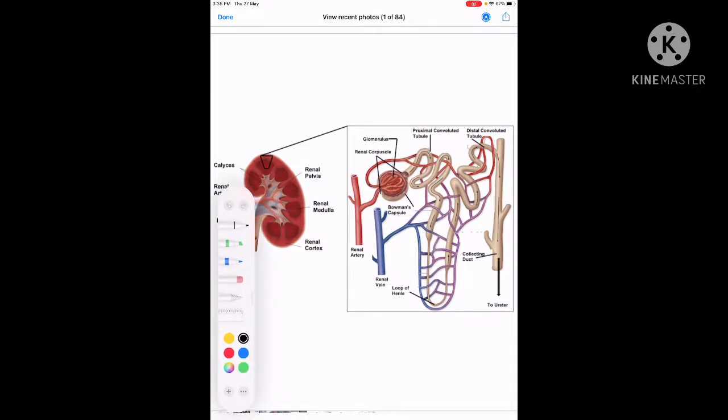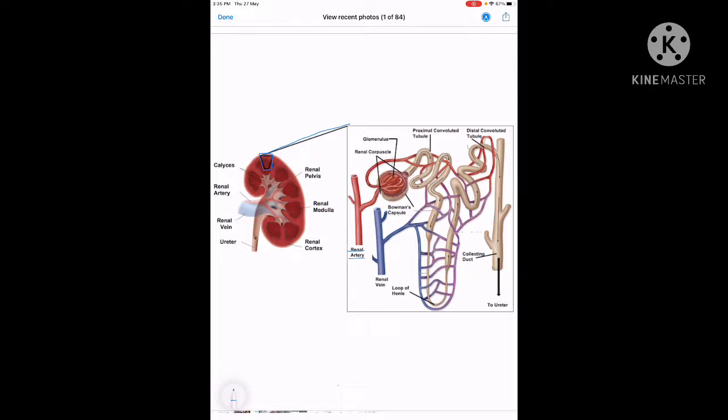Now, to explain how the kidney works, or how the nephron works, because as I mentioned, the kidney is made up of millions of nephrons, and how filtration of the blood takes place, I will use this diagram that says it all. What we're doing here is enlarging part of the nephron. This is the renal artery, as you see, and this is the nephron.